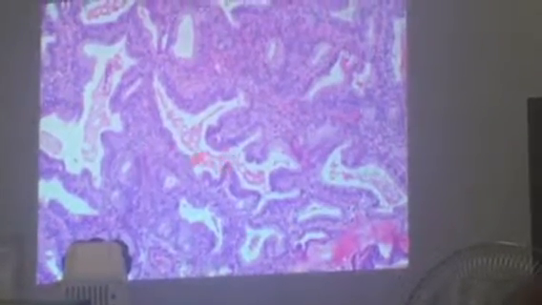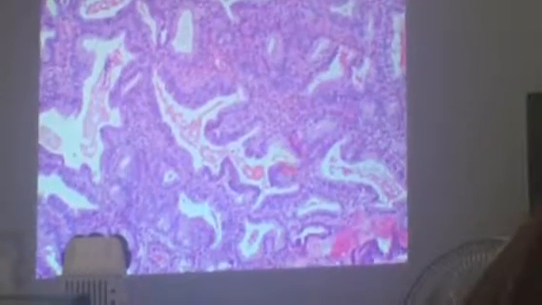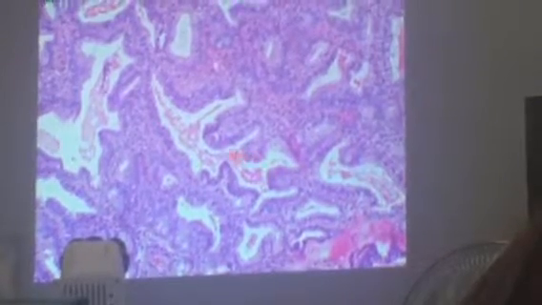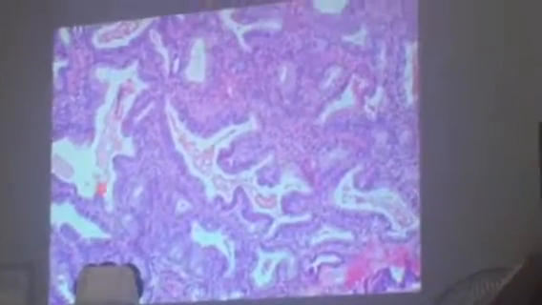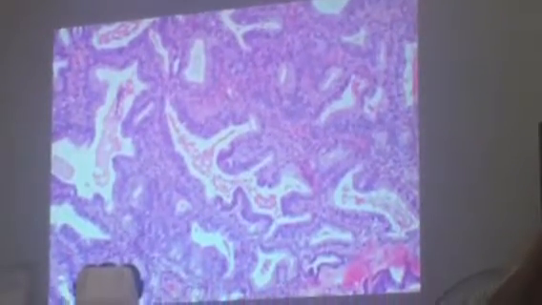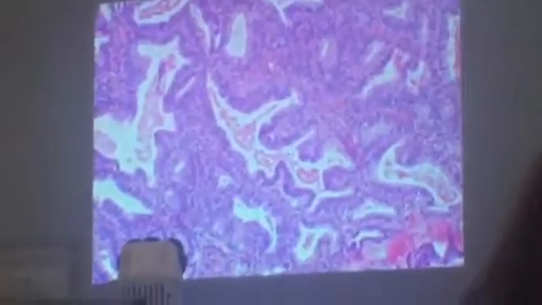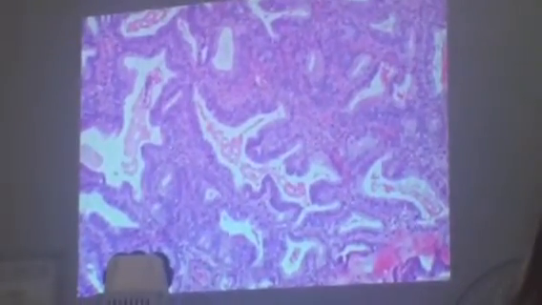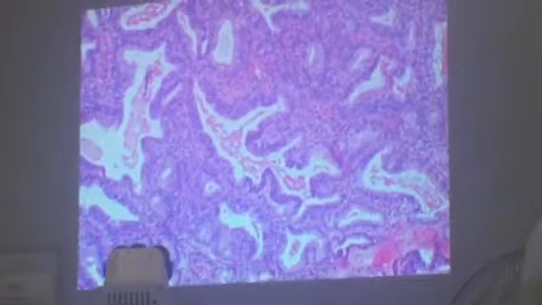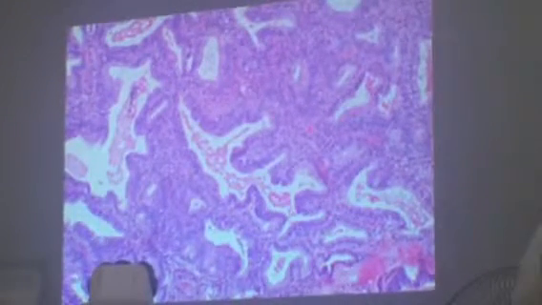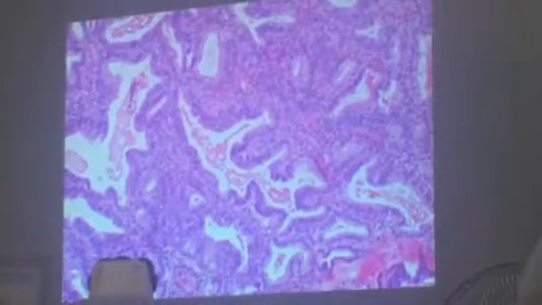Kasi the shape now is complex. It's irregular. Okay? You have some areas of dilatation, but most of all, hindi siya katulad ng secretory na parang zigzag lang. Here, the shape is complex and irregular. So that is why we call it complex hyperplasia.